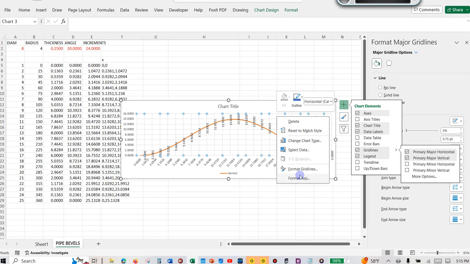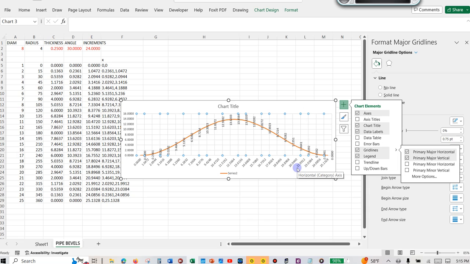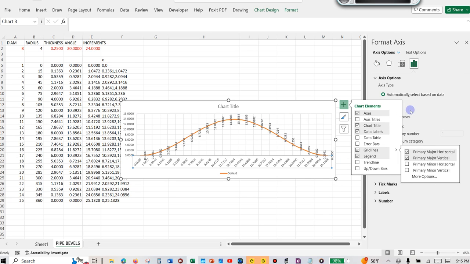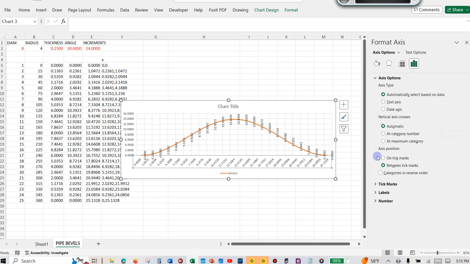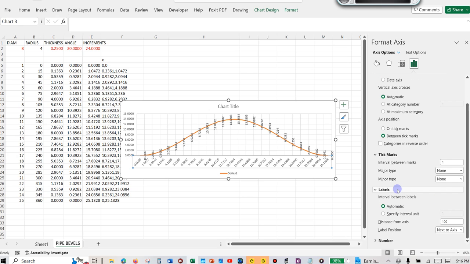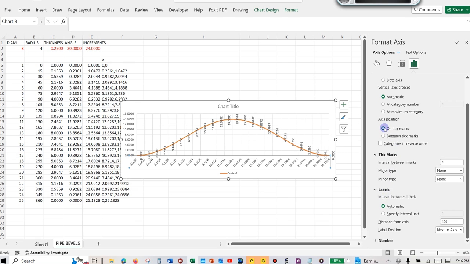Select format grid. Let's see. Select data. Format axis maybe. Then I want to go labels. I'm going to get it on the tick marks. On tick marks, I think right there.